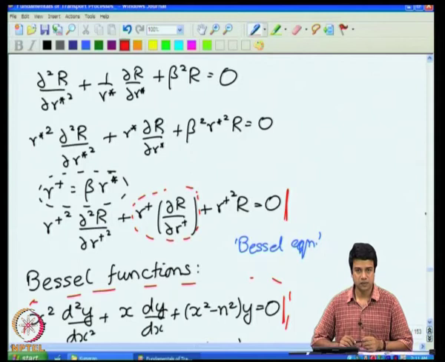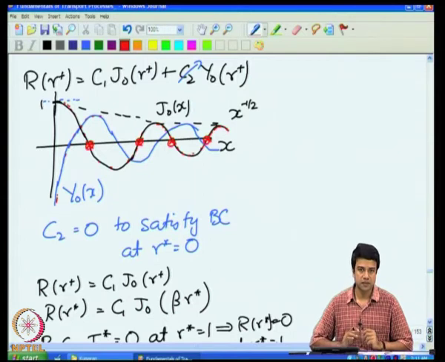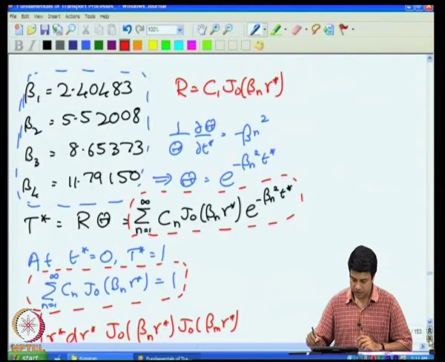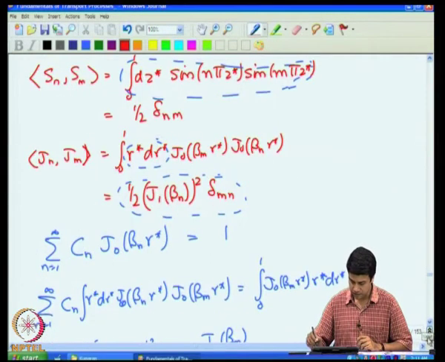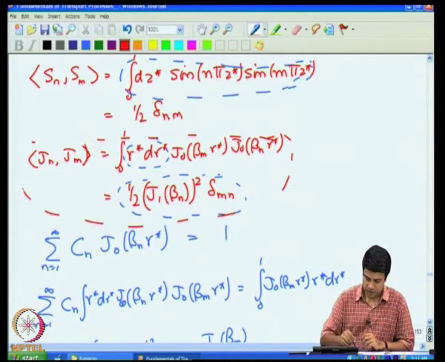The solutions are what are called Bessel functions, and I had plotted out those Bessel functions for you. These functions as well form a complete basis set, and any function in cylindrical coordinates can be expressed as the sum of basis functions times coefficients, constants. And those constants, of course, are determined using orthogonality relations for the basis functions. Okay. So, I showed you how to get orthogonality relations for these basis functions.